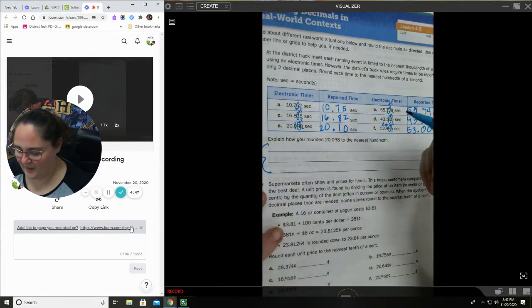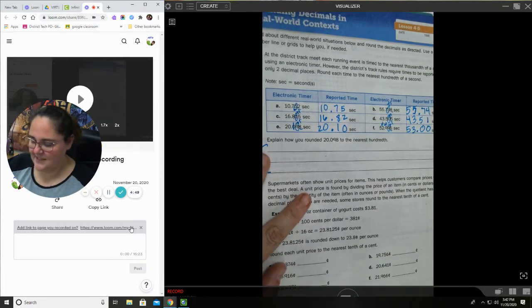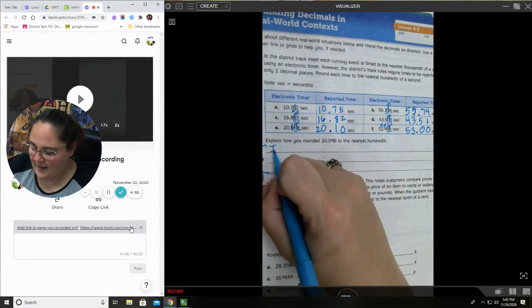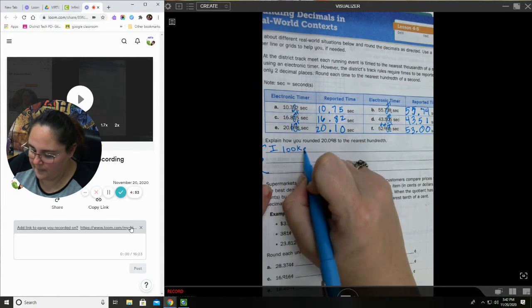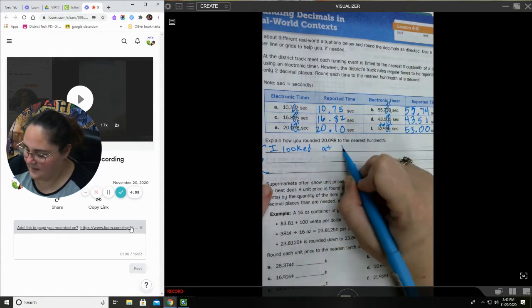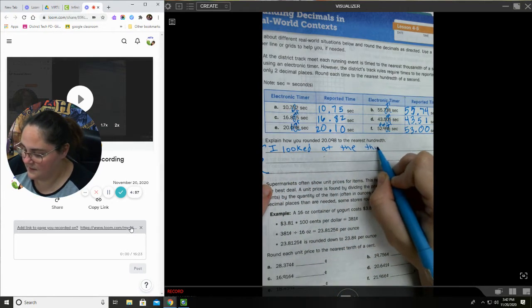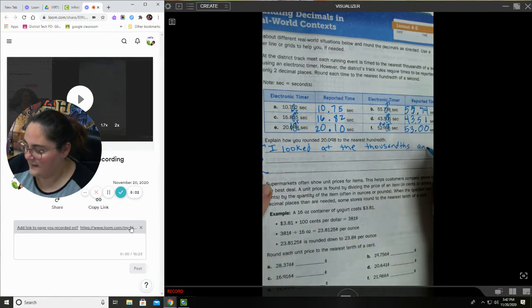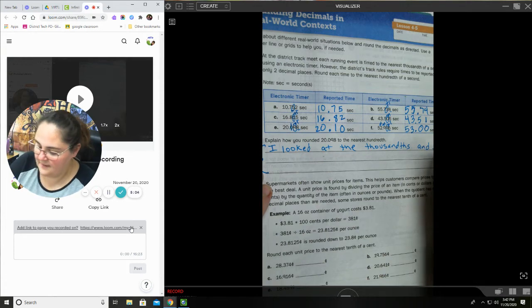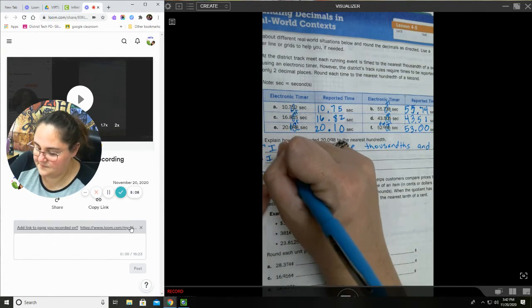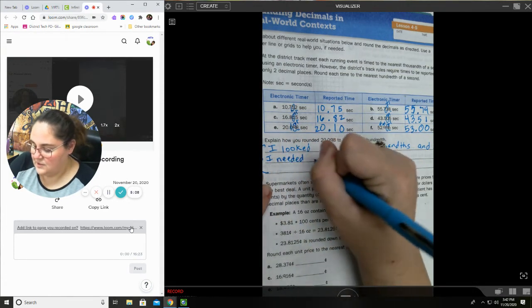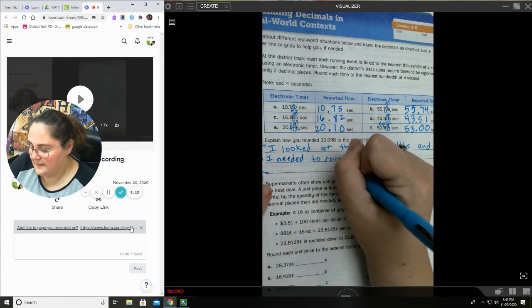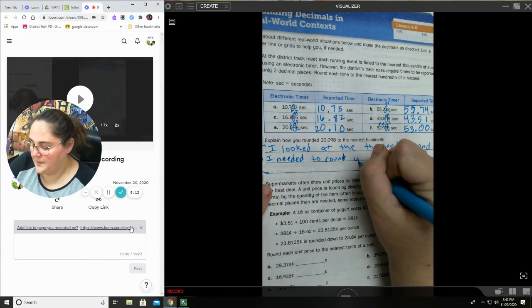All right, here we go. Explain how you rounded it to the nearest hundredth. I looked at the thousandths and saw I needed to round up.